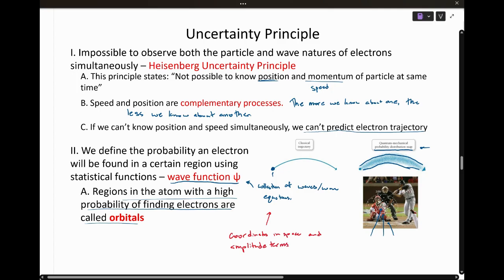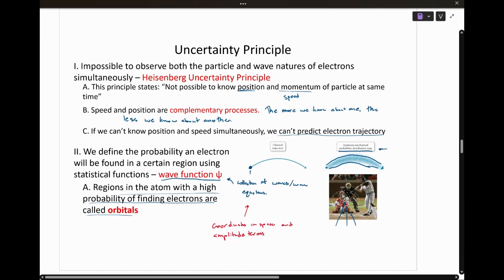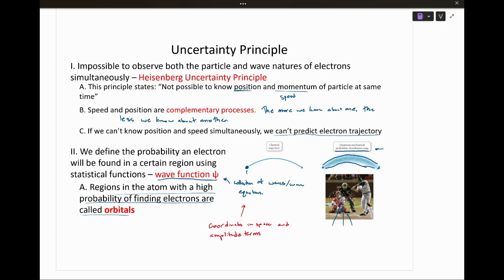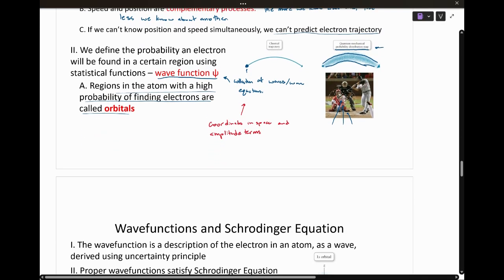Okay? And so this wave function is going to be the basis of our quantum mechanics as it relates to our electron. We're going to be using this wave function a lot because it contains within it a term for speed, a term for position, and a term for the wave-like nature of your electron.